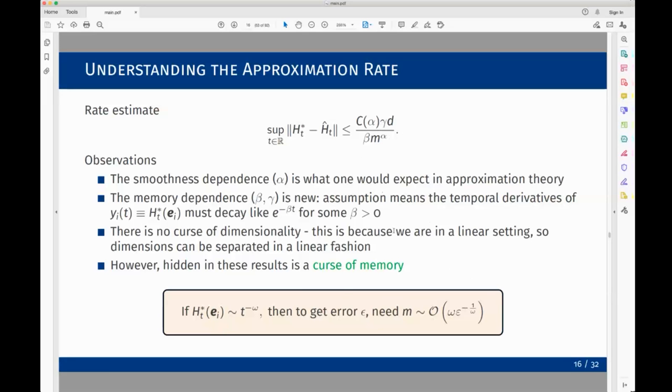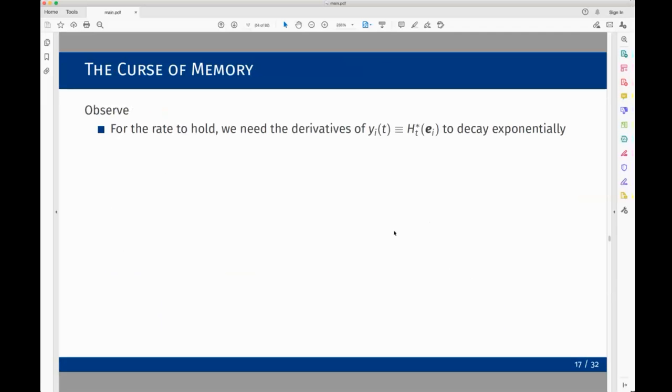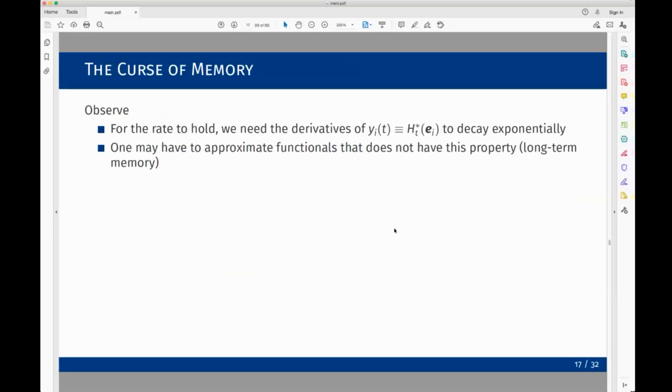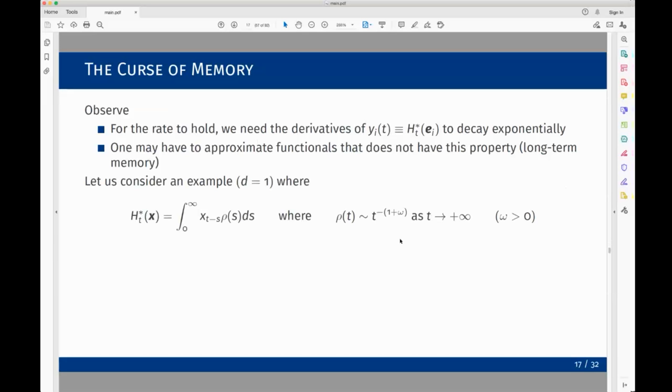Let me explain this point in more detail. As you can see, our previous result requires that our function output y_t has an exponential decay. So what happens if our functional has long-term memory, in other words, it does not have exponential decay? In the simplest case, let's construct an example like this, again formulated in the Riesz formulation.